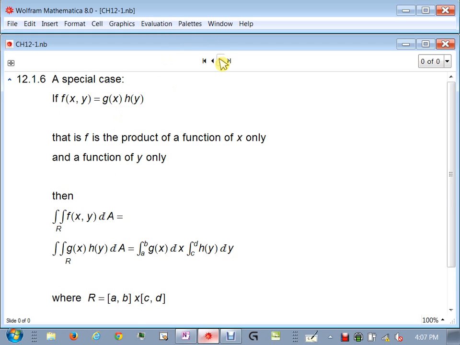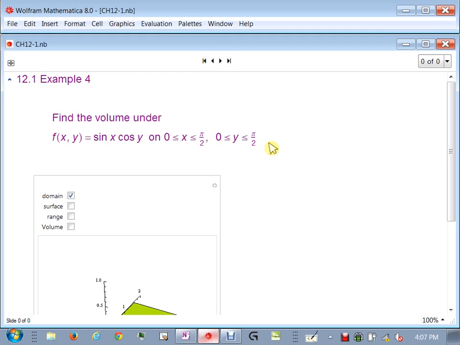Now let me just show you with an example. Look at this one right here. Is my function of x and y a function of x times a completely different function of y? In other words, the x's and the y's aren't mixed together, right? The sine x is separated from the cosine y.